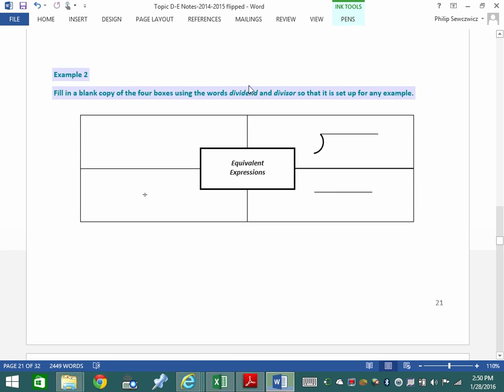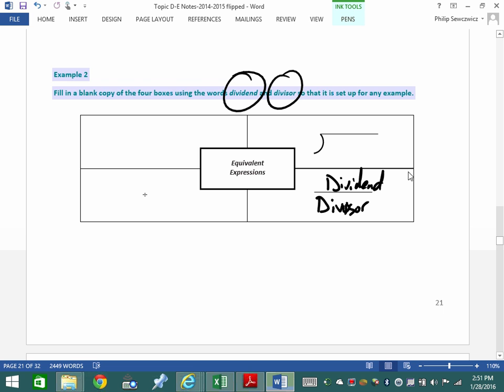With this one here, they want us to use the words dividend and divisor. The big thing is when you set these problems up, the divisor is what you are dividing by. So the dividend is the number that it's being divided into.